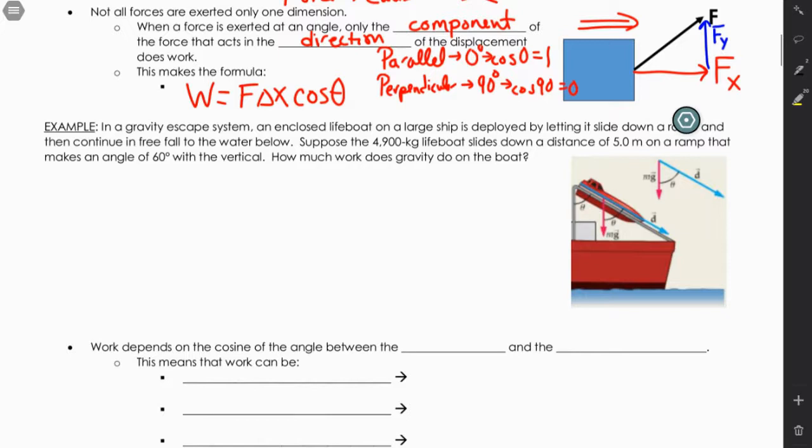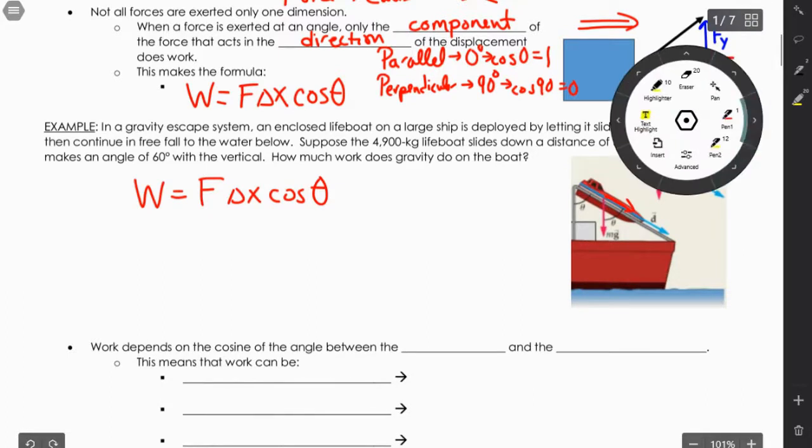All right, so we're going to start with our formula. Work equals F delta x cosine theta. I know sometimes when we say it's measured from the vertical, we want to flip-flop the sine and cosine, but actually if you look at the way this triangle is created, let me do it in a different color, one that will stand out a little bit more.